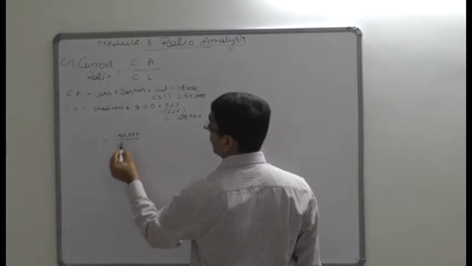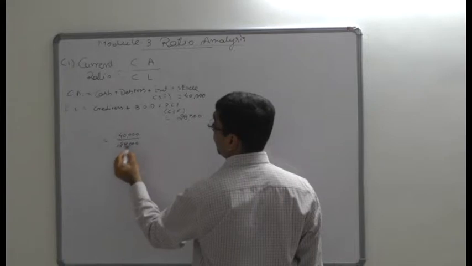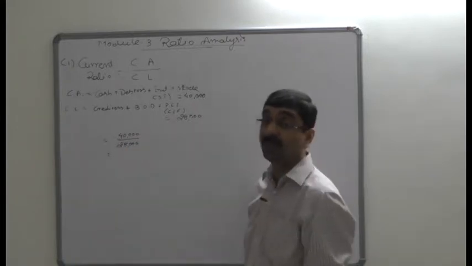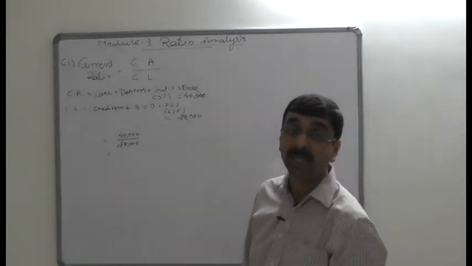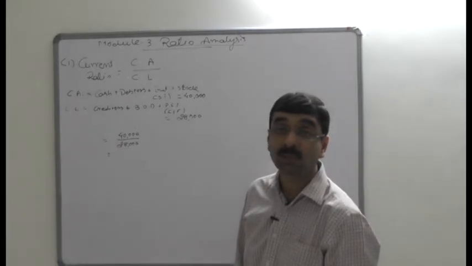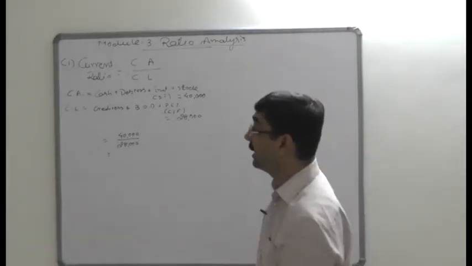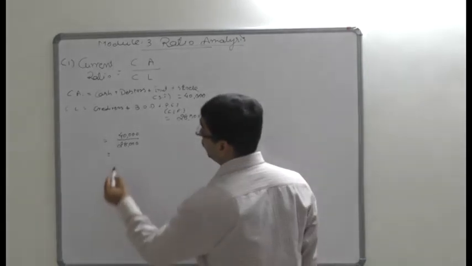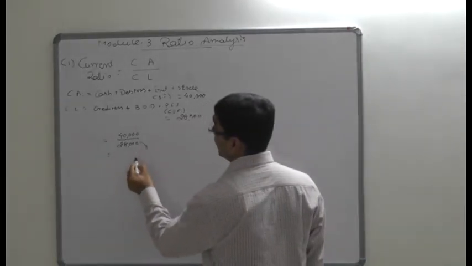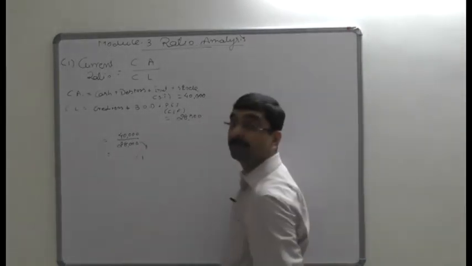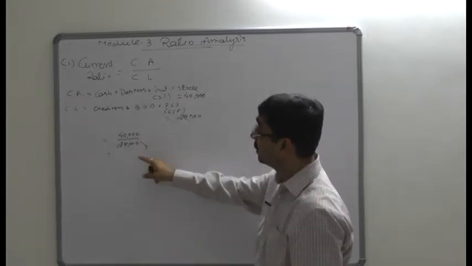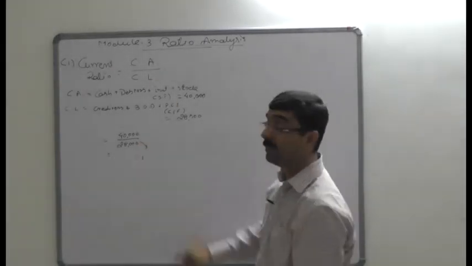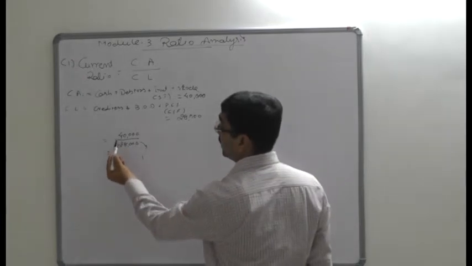40,000 is your current assets, 28,000 rupees is your current liability. Now this ratio would be found out in proportion. Here it is not to be found out in percentage, and that's why when you find out in proportion, the base is always assumed 1. So whenever you find out the proportion, the base always comes to 1, and then you try to find out the comparison of this.